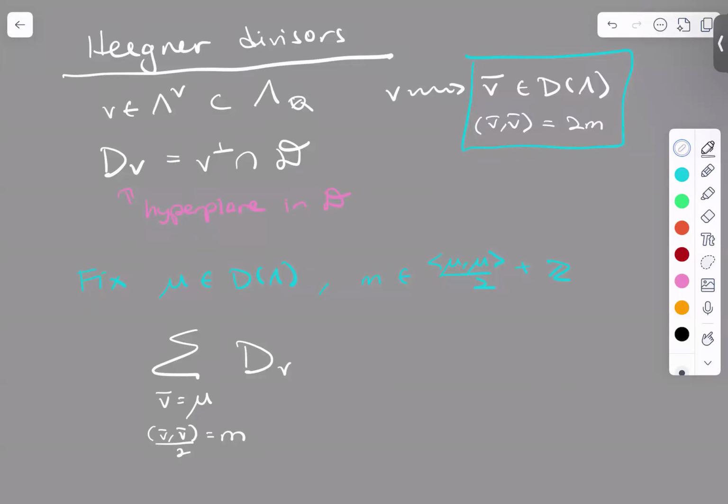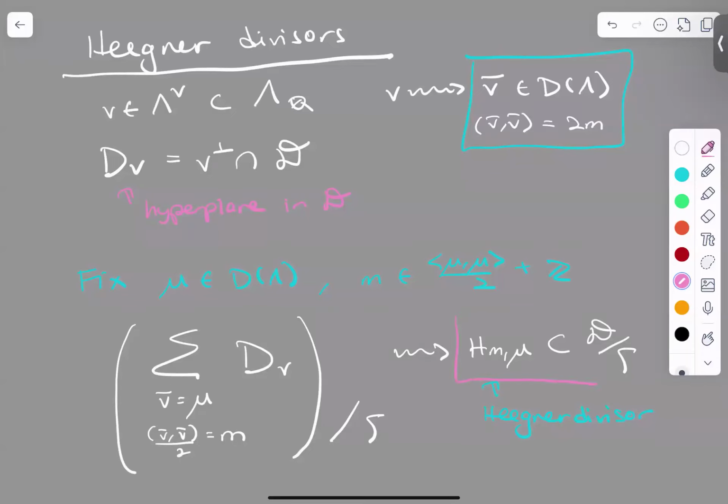And it turns out that this sum of hyperplanes can be acted on by my group gamma. And so if I take this quotient by gamma, I get an associated divisor, which I denote by H_{m,mu} inside this orthogonal modular variety. So this is called a Heegner divisor. And it's a Q-Cartier divisor, if that's something that you care about.